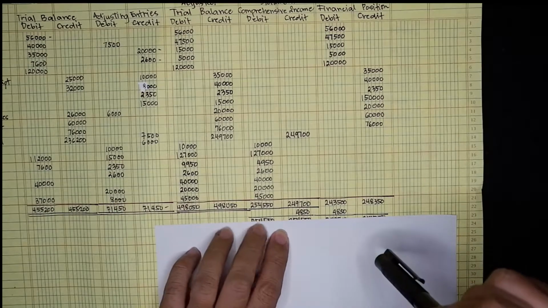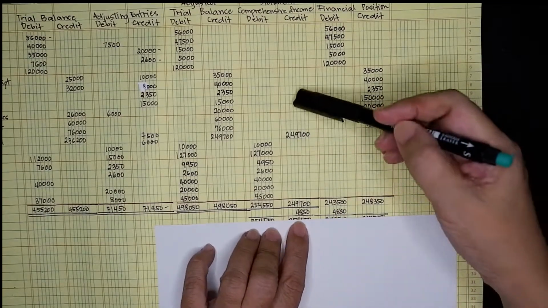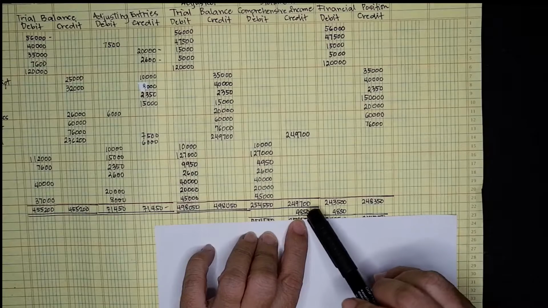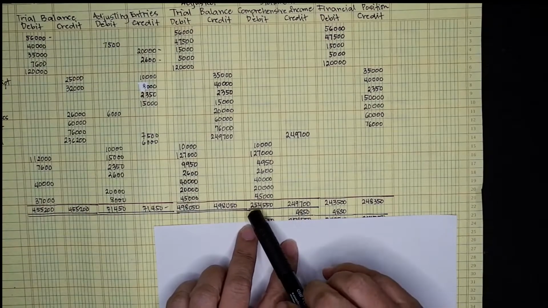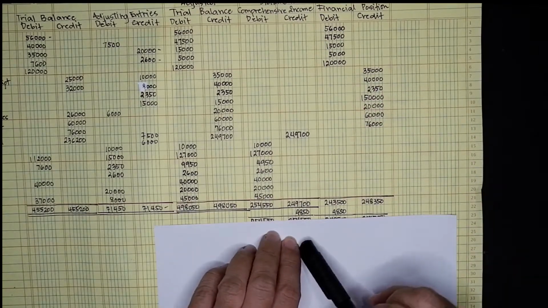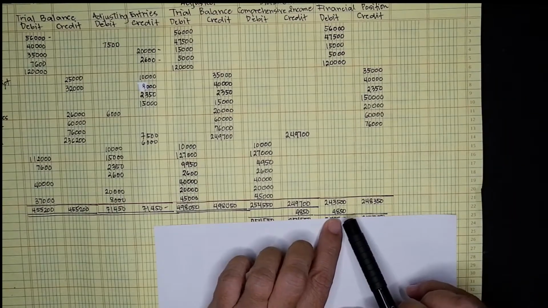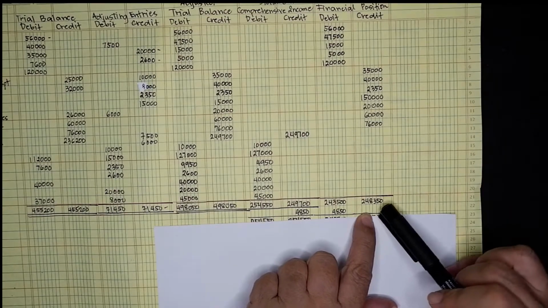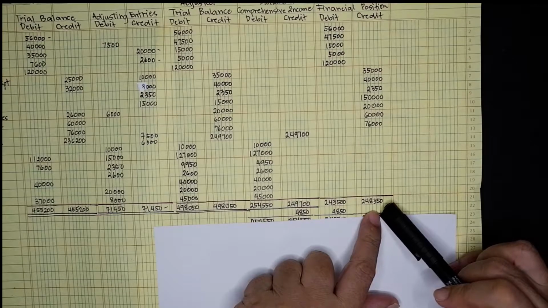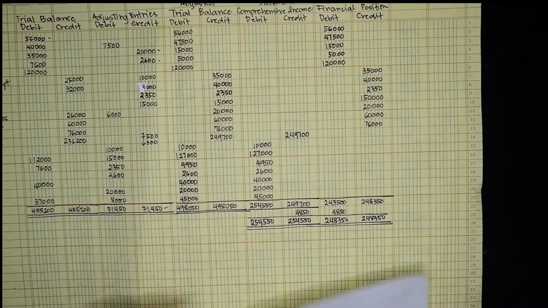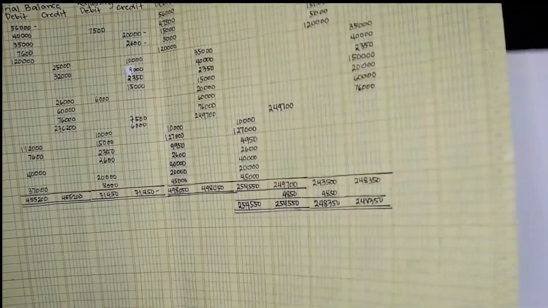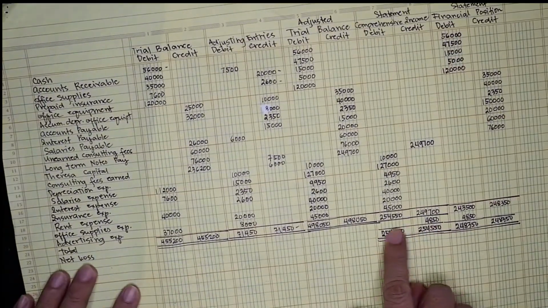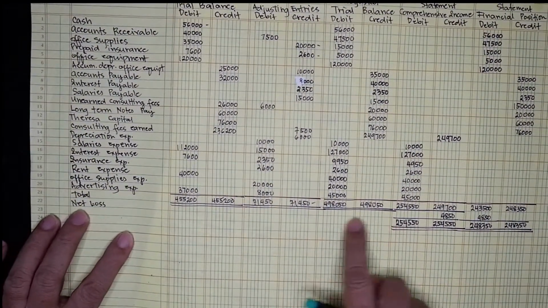And another thing is that the credit side is lower than the debit side of our comprehensive income, and the debit side is lower than the credit side of our financial position, which means that it is a net loss. So that is why here it is net loss.